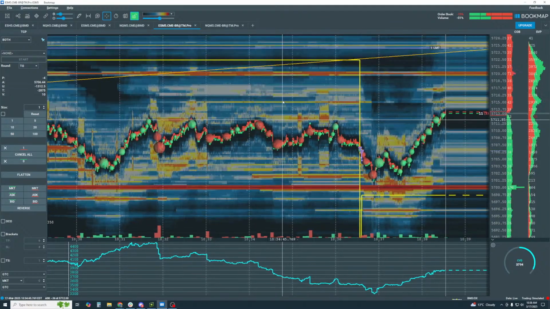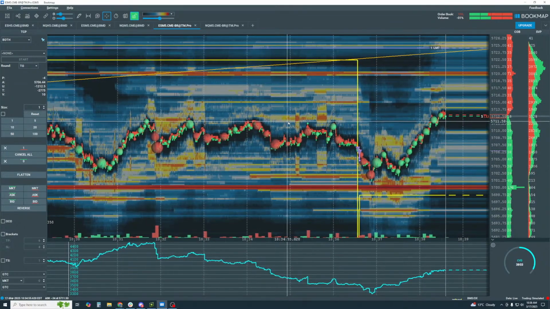Well, we'll give it another to see if it just goes above this little range in here and then sellers come in or not.